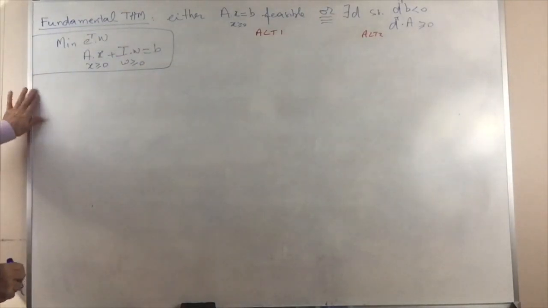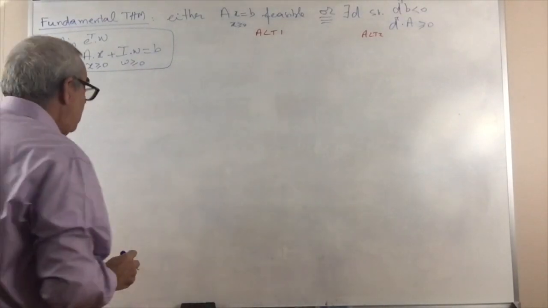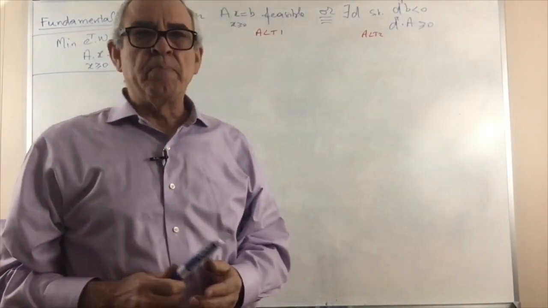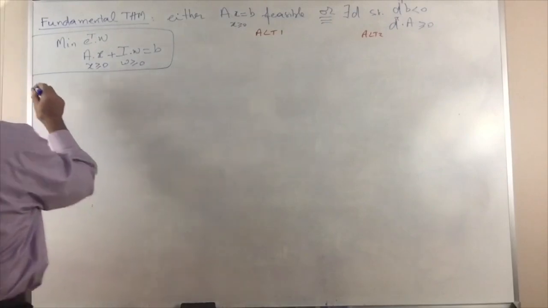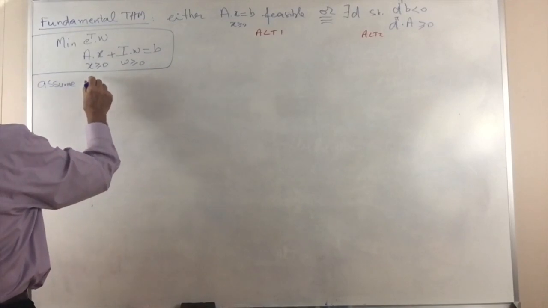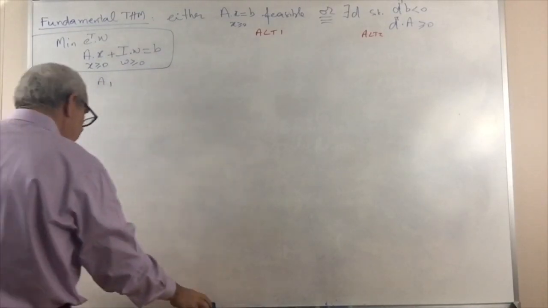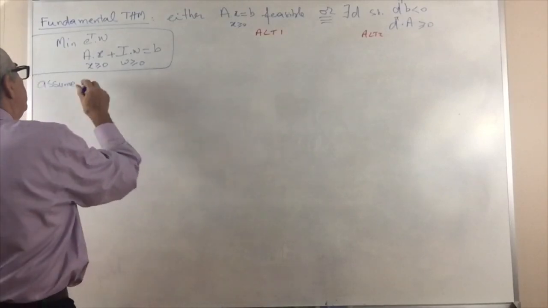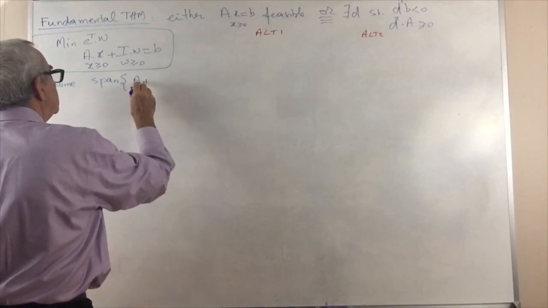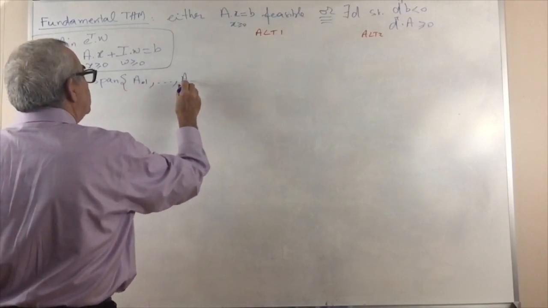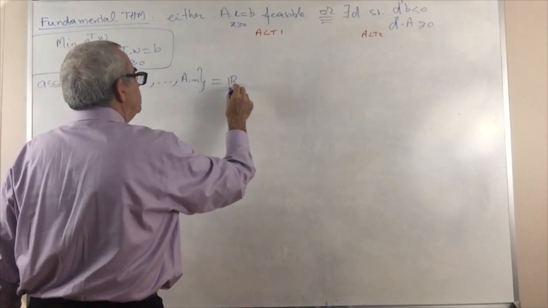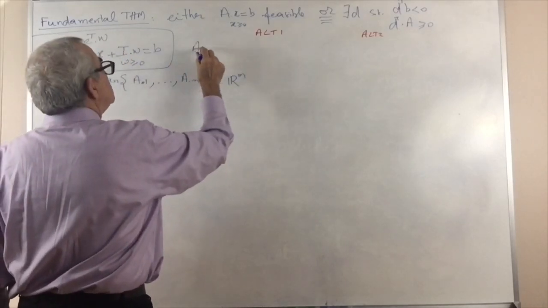We're going to try to solve this problem, and we're going to do the dual simplex algorithm. First of all, I'm going to assume that the span of A dot 1, etc., A dot n is equal to Rm. Here A is an m by n matrix.